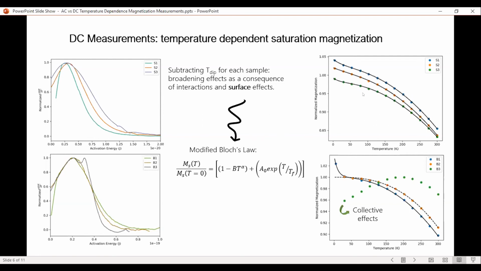So we analyzed each sample. For the small samples, we can analyze all of them with this function, but for the big core samples, we can see that collective effects hinder the possibility of seeing the surface contribution, and even for the intermediate interaction nanoparticles, we can only apply the typical Bloch's law and not the modified one, which accounts for the superficial effects.